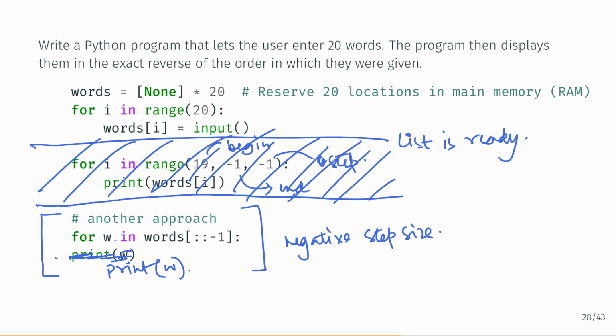For each W in the list of words, but taken in the reverse order, okay? So no begin index, default end index, and a step size of -1, okay? So for W in words[::-1], print W, and this will print each of the individual words in the list in the reverse order, right?